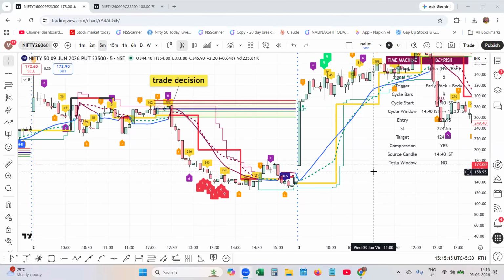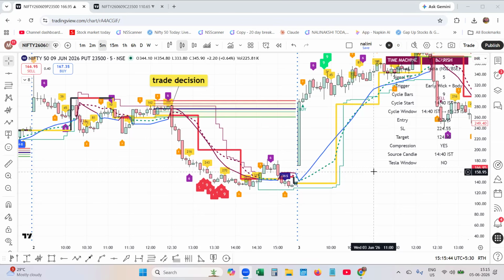I'm going to tell you something: the market already knows where it is going before it gets there. And today I'm going to show you something that very few traders in India are talking about, the Tesla time cycle, and how it aligns perfectly with my noon layers inside the Nalini Precision Engine.